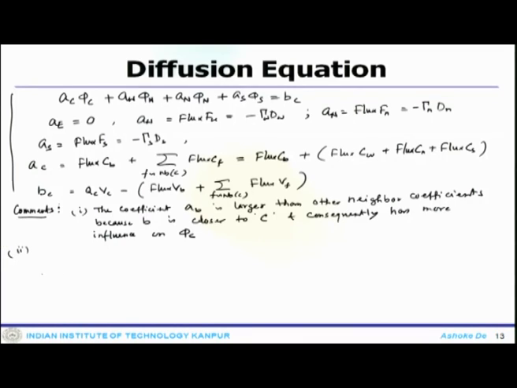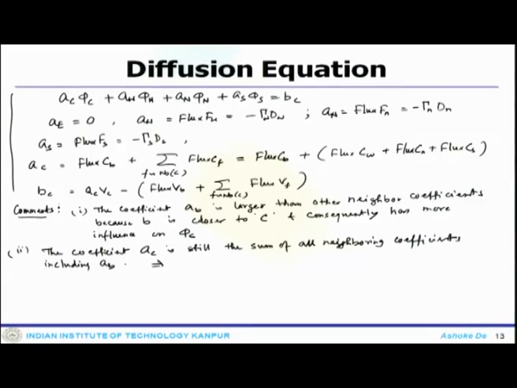So, second is that the coefficient AC is still the sum of all neighboring coefficients including AB.